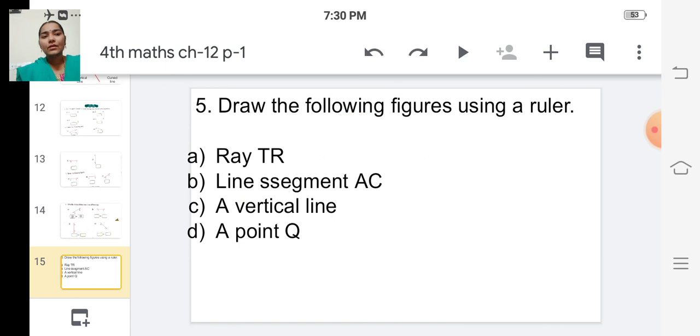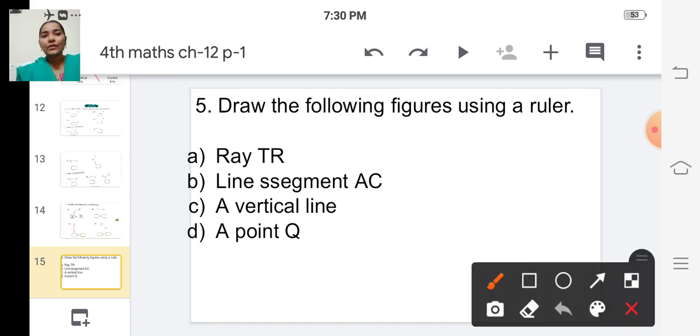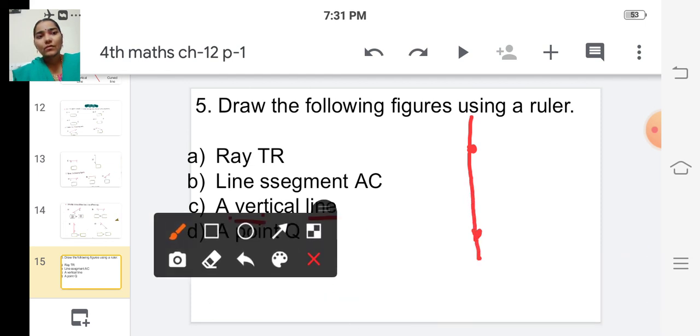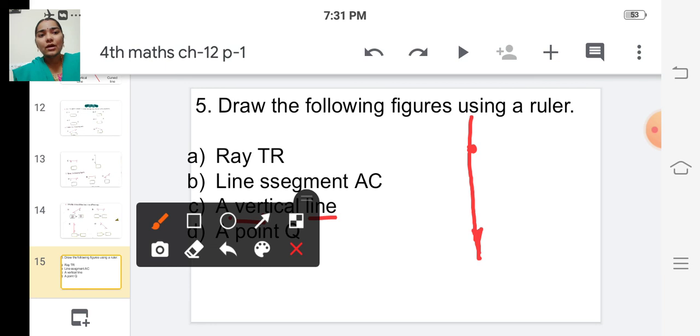And the next one, C, a vertical line. Line means we can extend it from both sides. So take 2 points and join them using a ruler, and you have to put arrow marks on both sides.